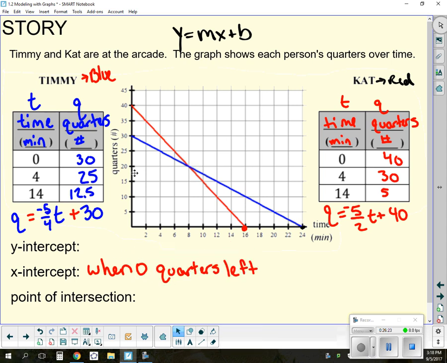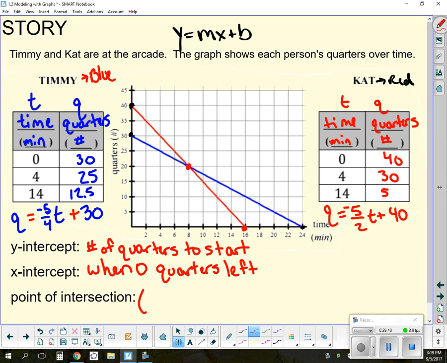And then your y-intercept over here would be right there for this one and right here for this one. And in this example, that is how many quarters they started with. Number of quarters to start. And then lastly, the point of intersection occurs right here.